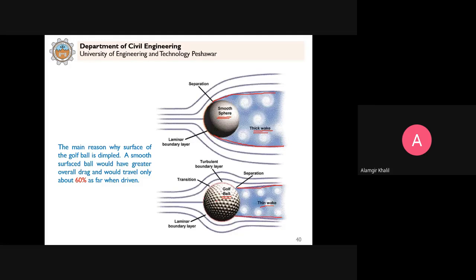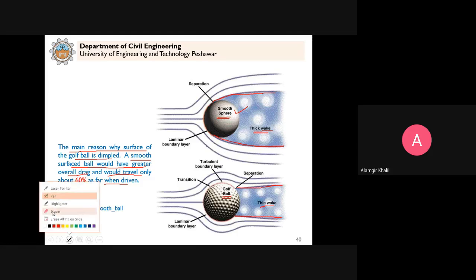So what will happen? That's why the golf ball will travel more distance as compared to a smooth ball. This is the main reason why the surface of the golf ball is dimpled. You can see depressions are provided on it. A smooth surface ball would have greater overall drag and would travel only about 60% as far when driven.